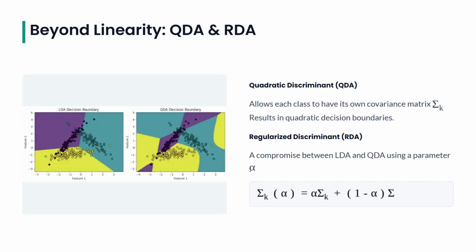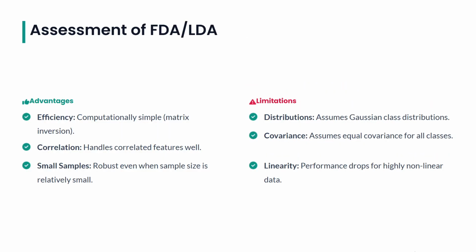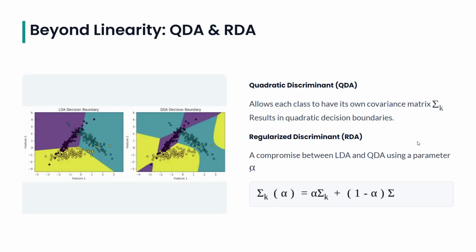One of them solves one of the limitations, which is assuming equal covariance for all classes. Quadratic discriminant analysis allows each class to have its own covariance matrix, resulting in a quadratic decision boundary. Here there will not be a linear decision boundary; it can be quadratic decision boundaries.